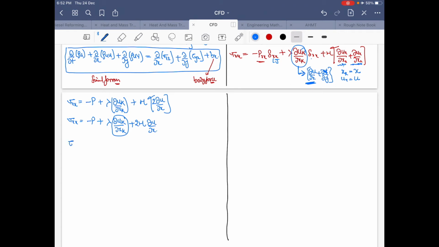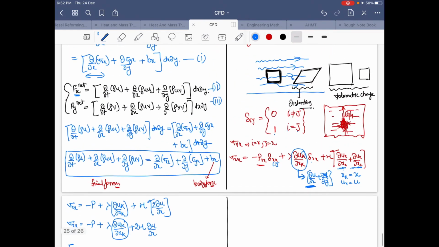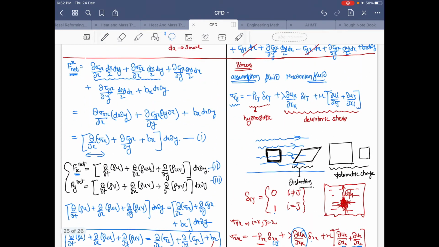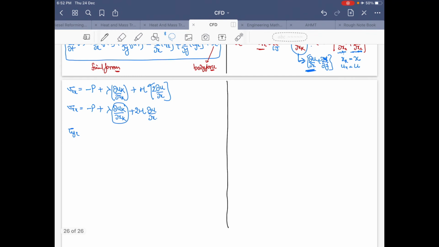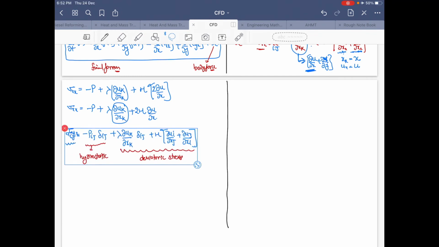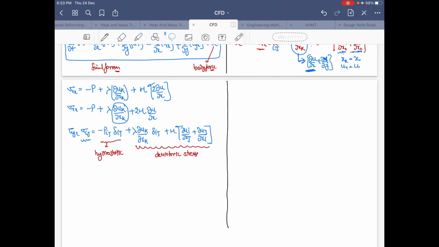Now the second is tau yx. Similarly, from this expression I will also write tau xy. I will paste this term here.